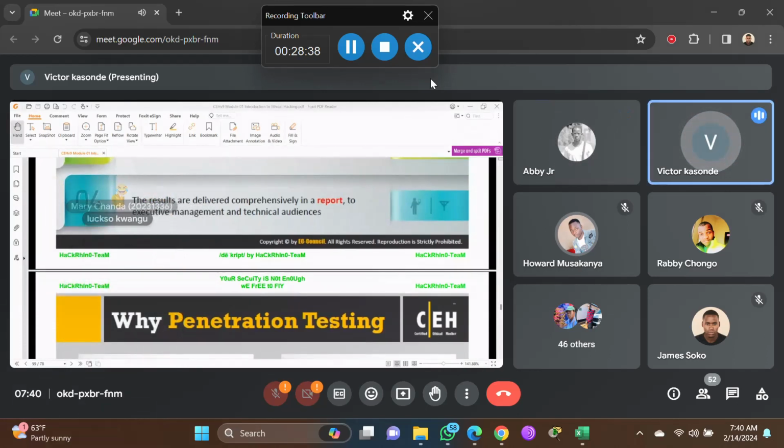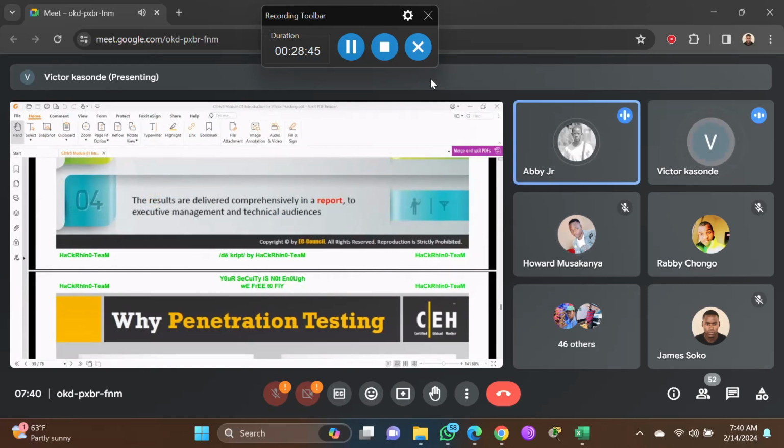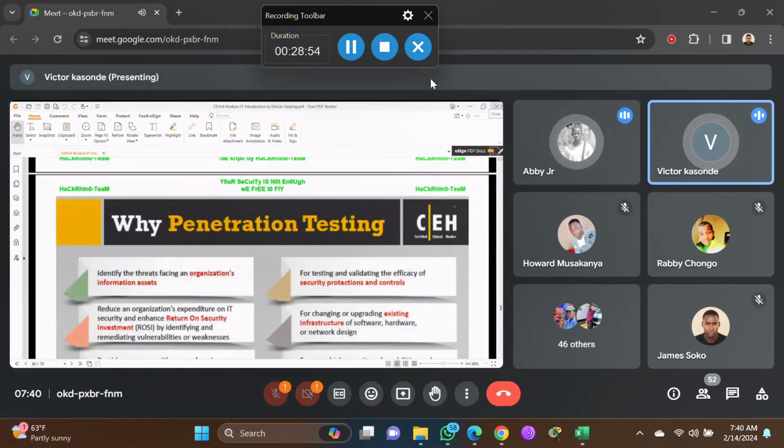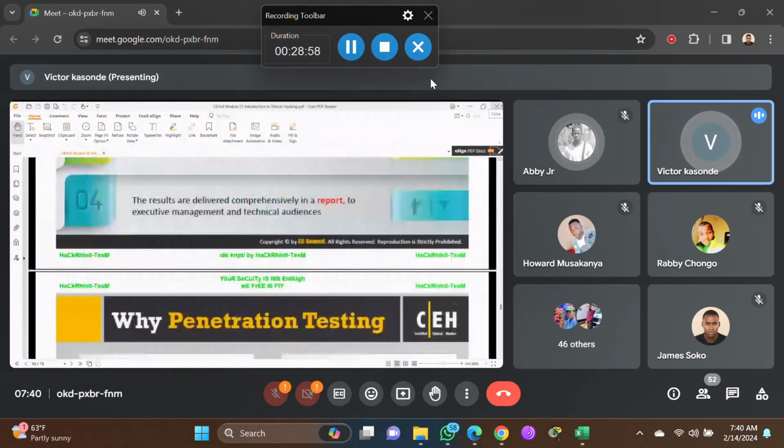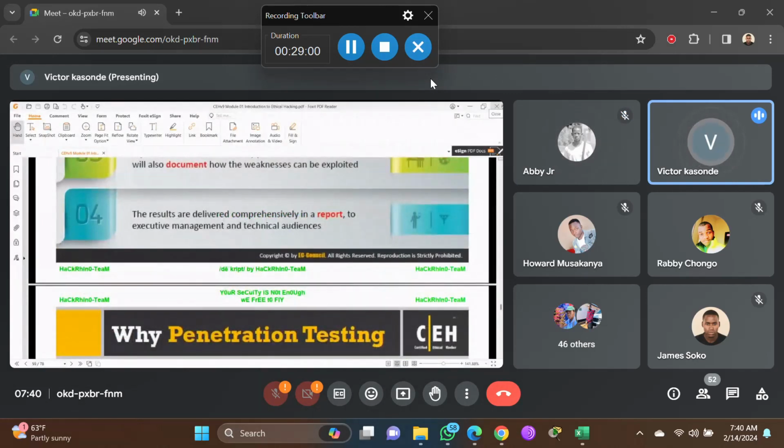So let's see. You answer your question as we go. Okay, why do we do penetration testing? Why do we document? We document for future use. We document to ensure that, for example, if you had a problem, you can compare that problem and the problem which we have at present.